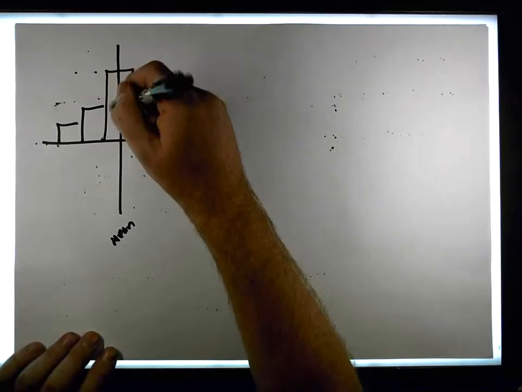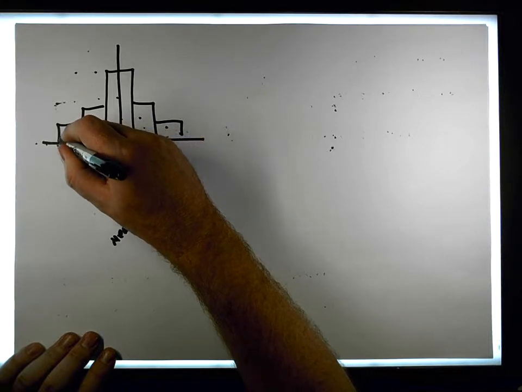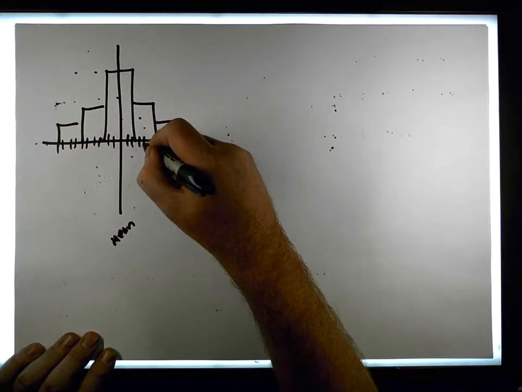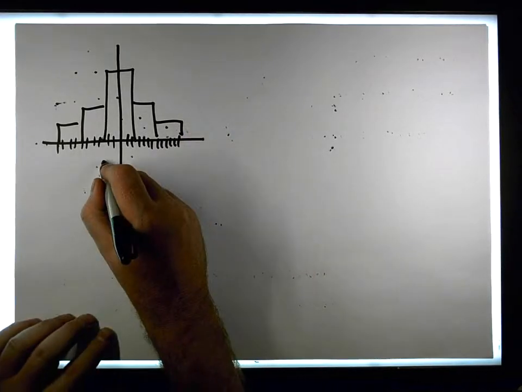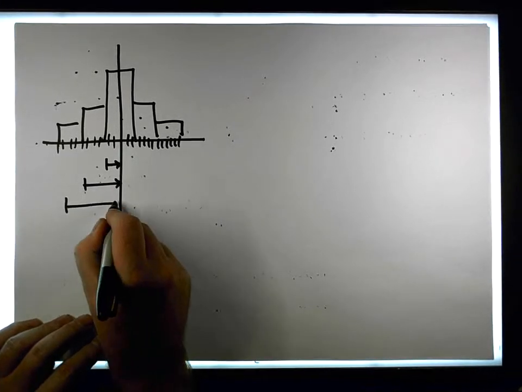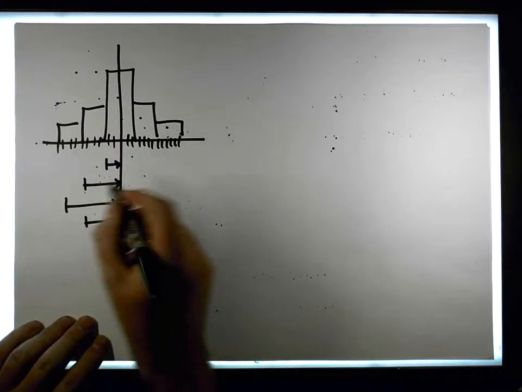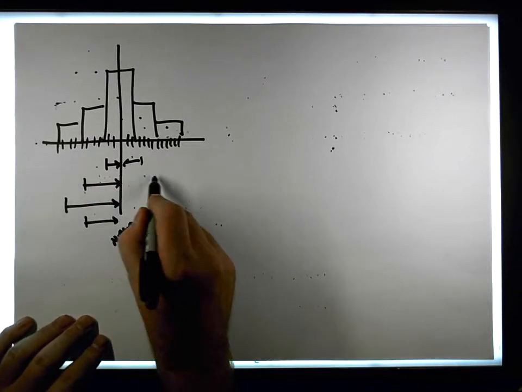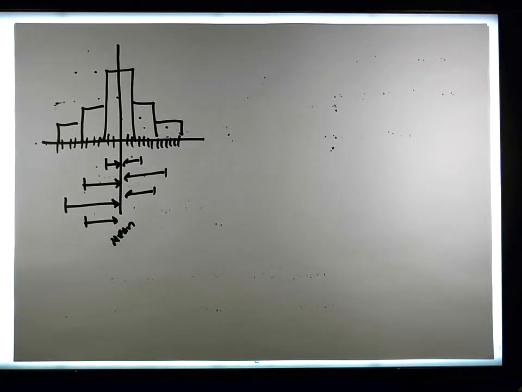But don't forget, people have responded with values over here, and they have responded with values over here. Everybody is a little bit of a distance from the mean, some on one side and some on the other.